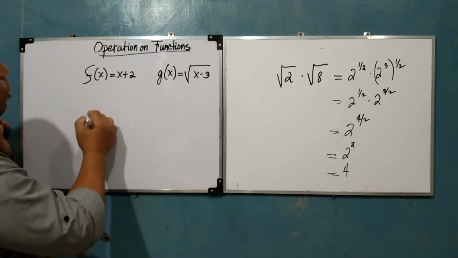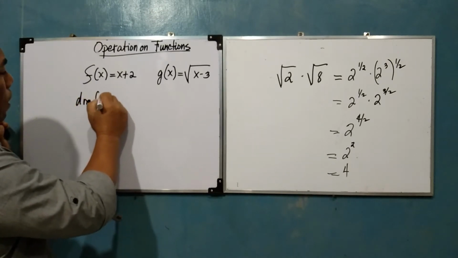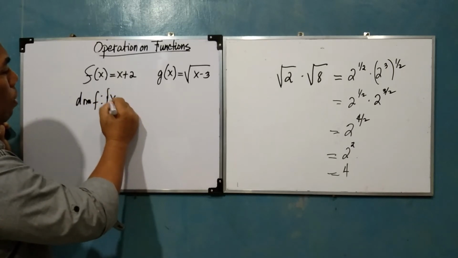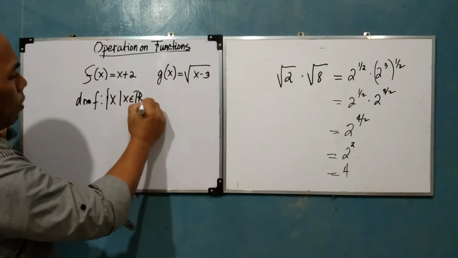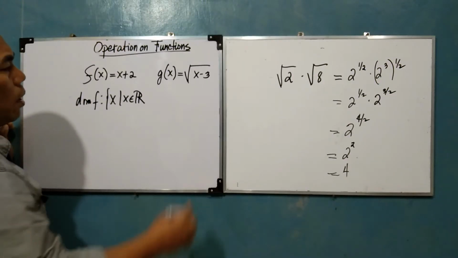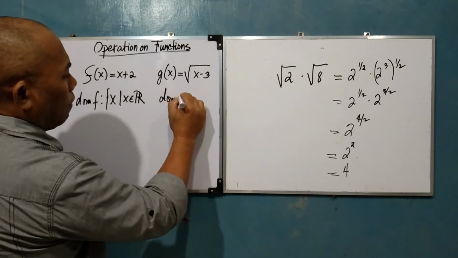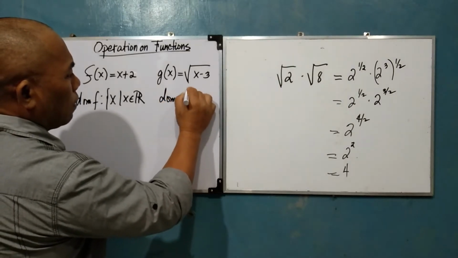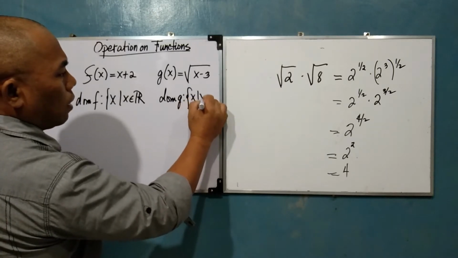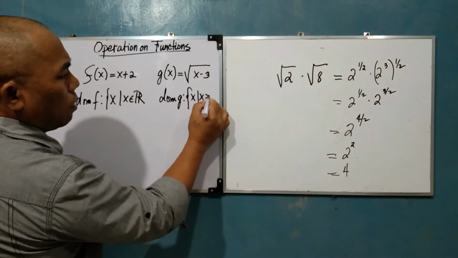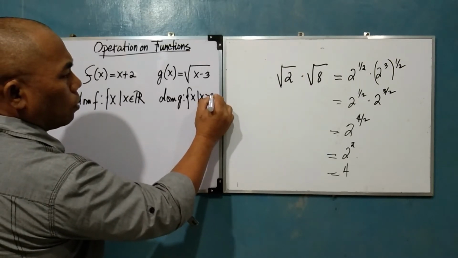For function f, the domain, dom f, is simply the set of all x such that x is in the set of real numbers. In function g, dom g is the set of all x such that x is greater than or equal to 3.